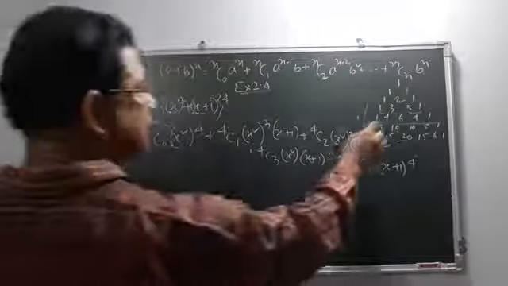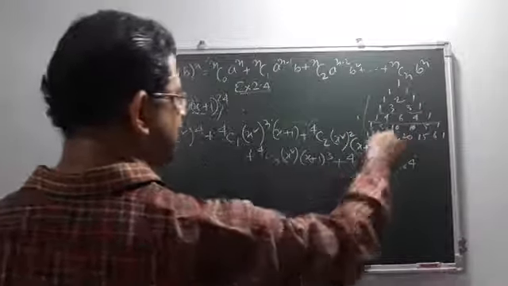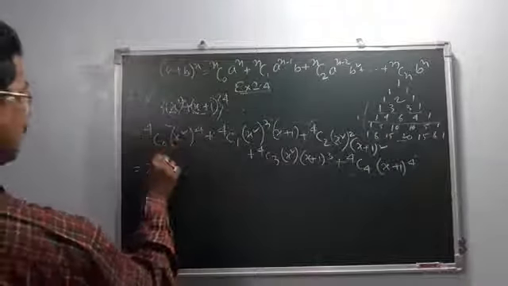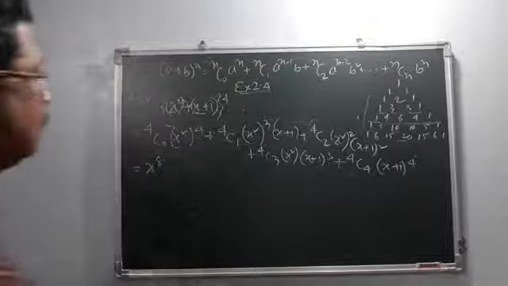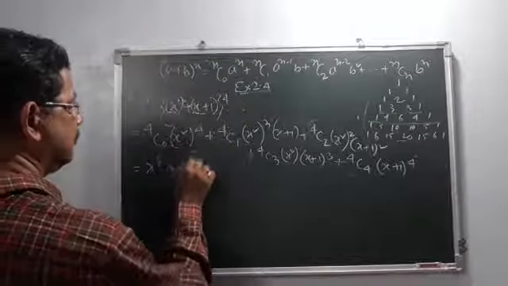4C0 is 1, 4C1 is 4, 4C2 is 6, 4C3 is 4 and this one is 1. So it will be 1 only and this multiplied will give x to the power 8. This one is 4, then x to the power 6 with bracket (x plus 1).